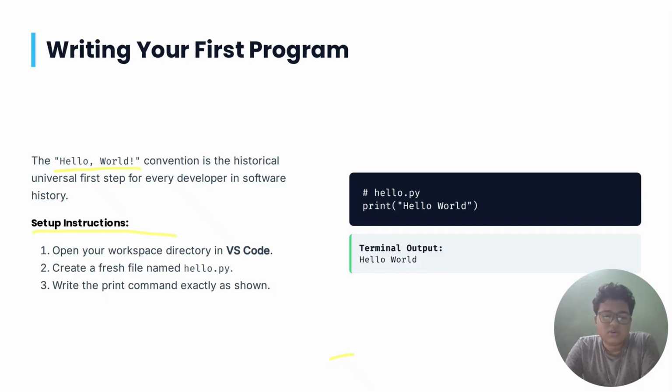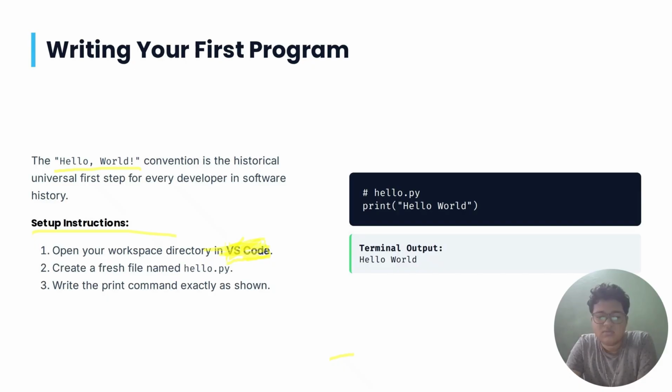Open your workspace directly in VS Code. Yes, VS Code. This is a very important thing. I hope before starting this lecture, everyone downloads it. It's very easy. Go to Google Chrome, write VS Code, and you will get this.